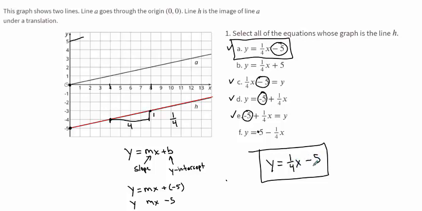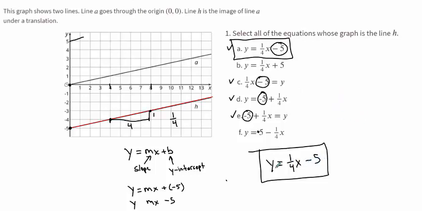But what if I switched these around? Can I say 5 minus 1/4 x? I can't do that because there's no commutative property for subtraction, so I can't just switch these around.